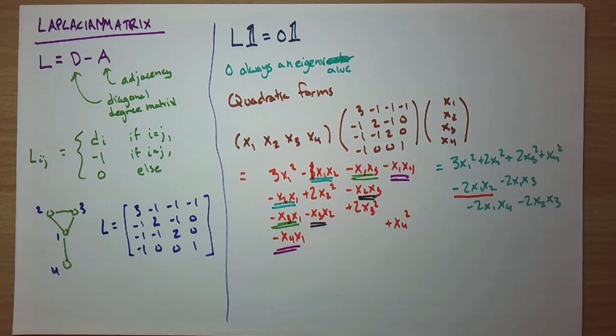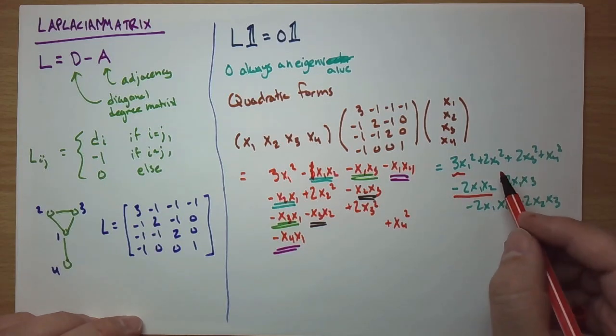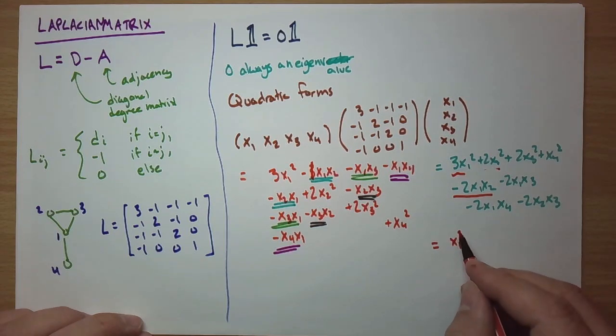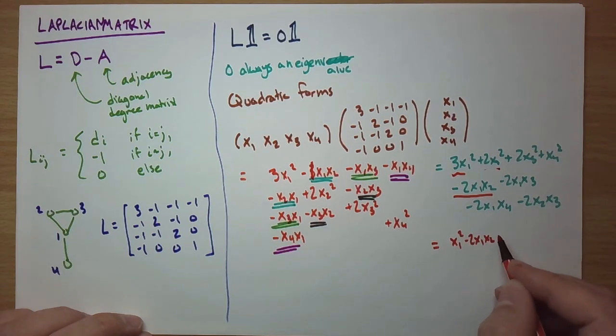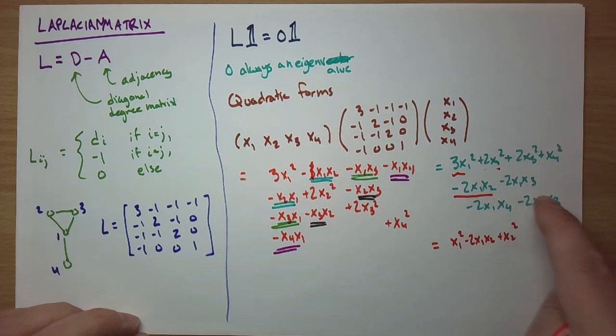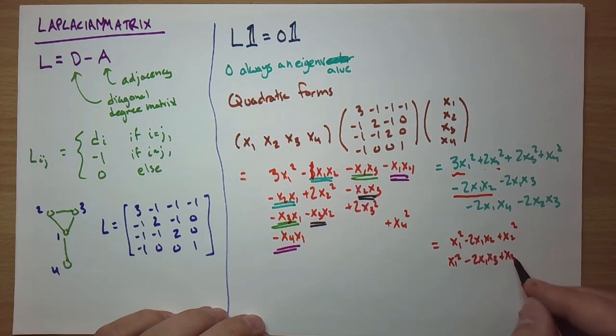What would you need to make an x1 minus x2 squared? What are we missing? x1 squared and x2 squared. Hey, wouldn't you happen to know I have an x1 squared and an x2 squared? So let's say x1 squared minus 2x1 x2 plus x2 squared. Yes? Okay, that's that one. Okay, x1, x3. Well, we'll put an x1 squared and an x3 squared. Cool. x1, x4.